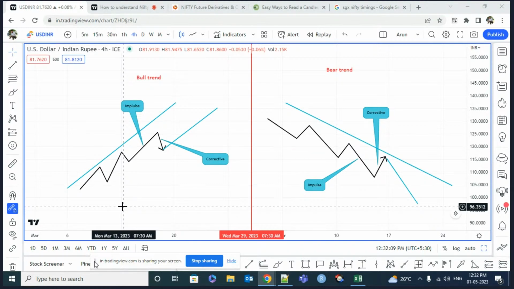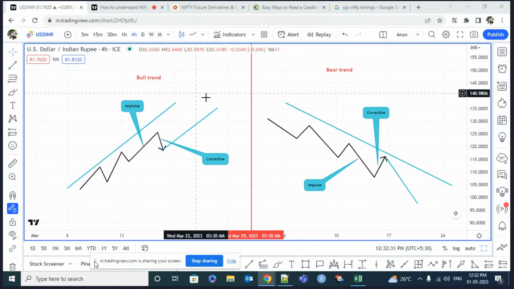But the other way is if you understand your technical analysis, understanding a trend would give a decent volatility, which is sufficient for the premium to jump, and then you can make pretty decent money in that. So let's understand the trends. One is a bull trend, the other is a bear trend. I haven't covered range bound markets here.